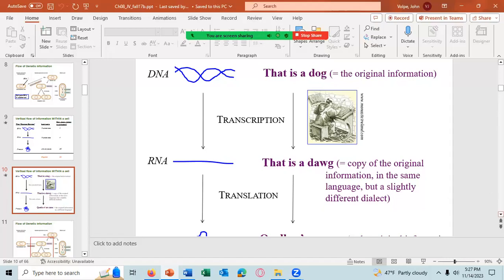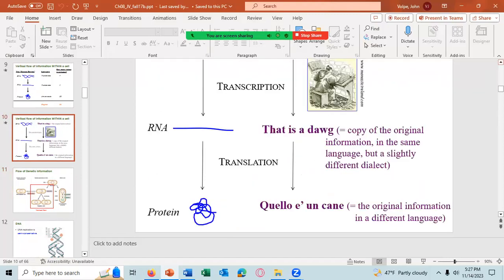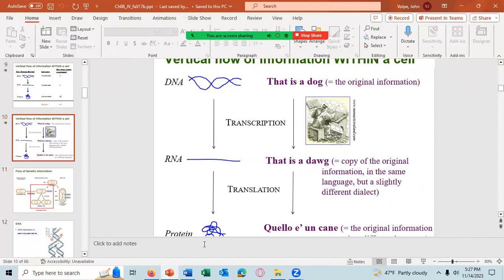In the RNA, going to the protein, let me back up, shrink that down a little bit. The information would be stored, and it's the same information, but in a totally different language. It would be something like "quello e un cane." Same information, but in a different language.